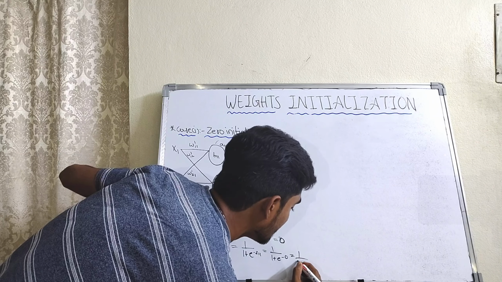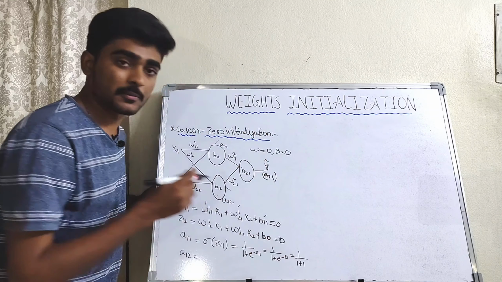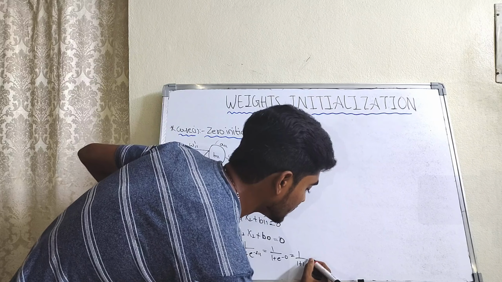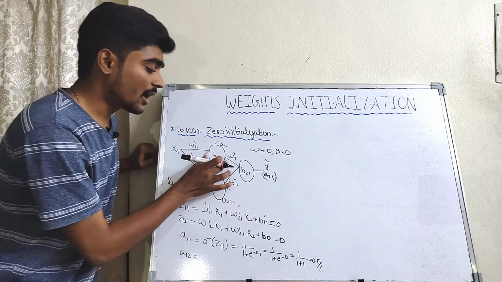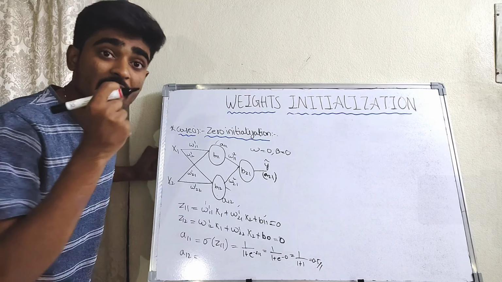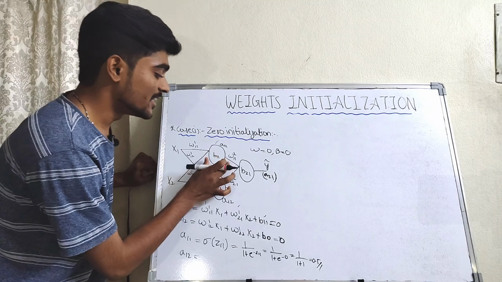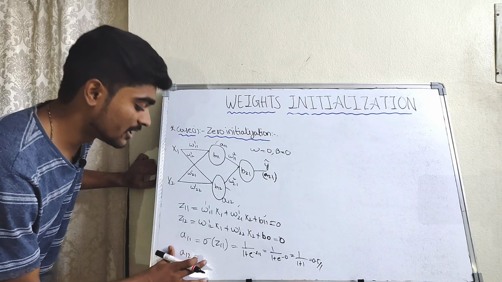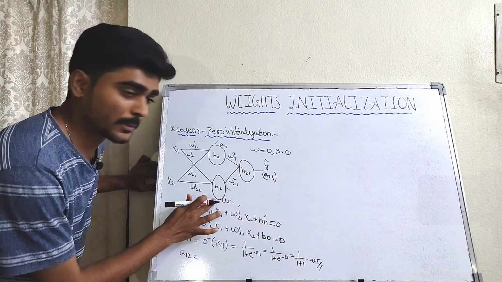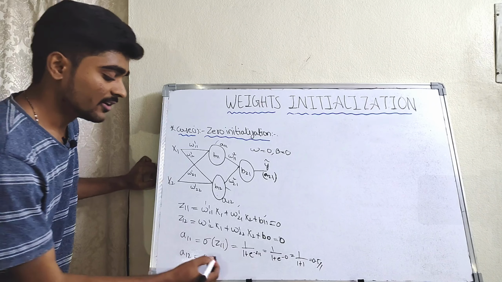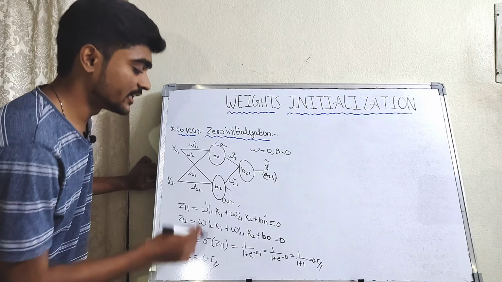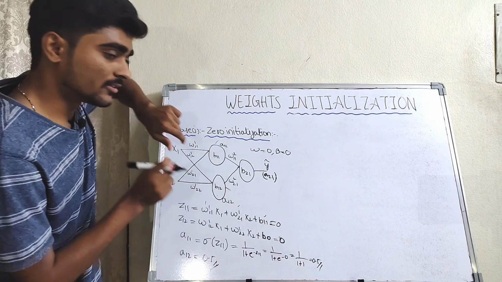So 1 by 1 plus 1, that is 1 by 2, so this comes out to be 0.5. The output of this node with sigmoid activation is 0.5. Similarly, for this node the output will be 0.5. This is how we calculate the activation function outputs for both hidden units.